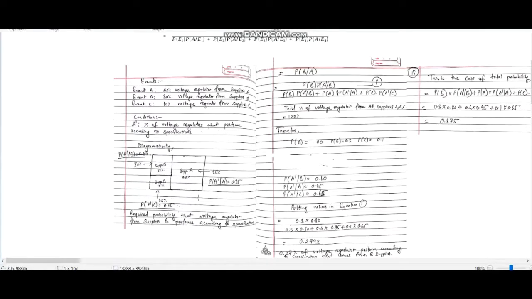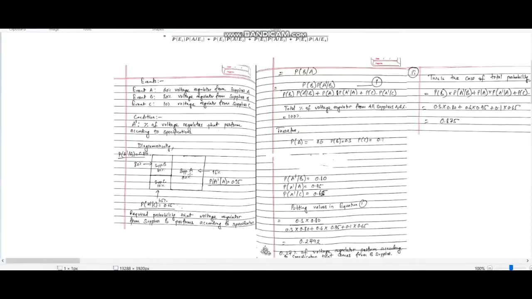So the probability that the voltage regulator A will perform according to specification falls under that event A, because we are dealing with the voltage regulator A. We are checking whether the voltage regulator A will perform according to specifications. So this is the probability.